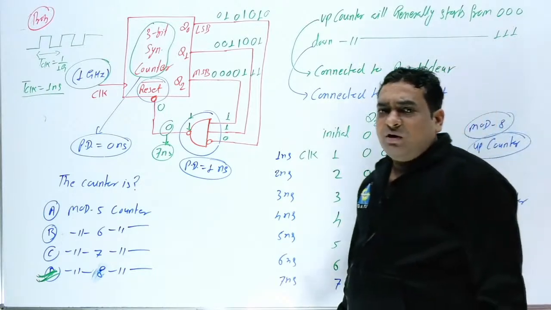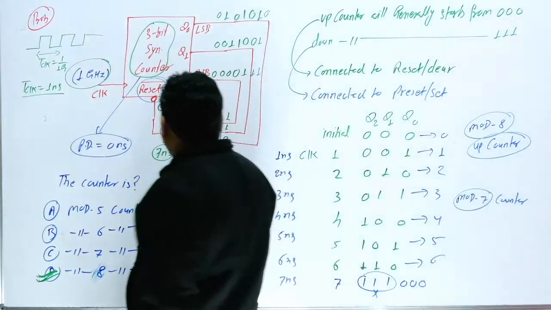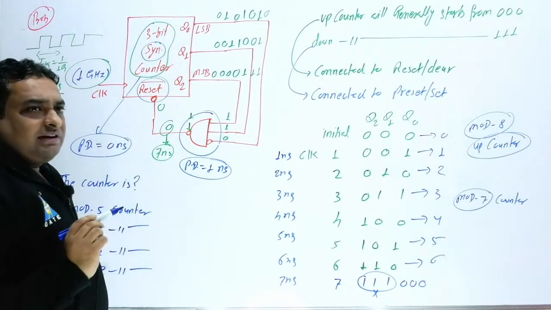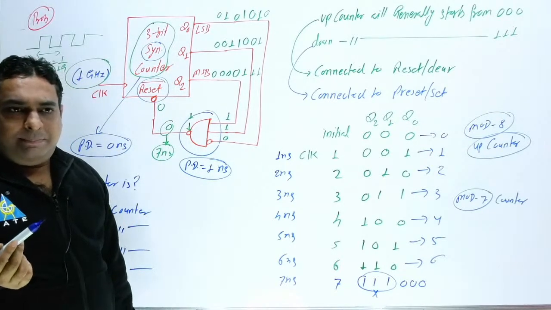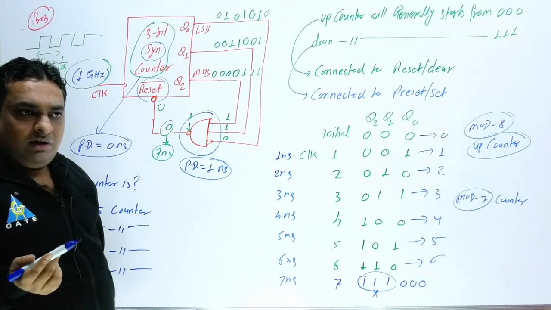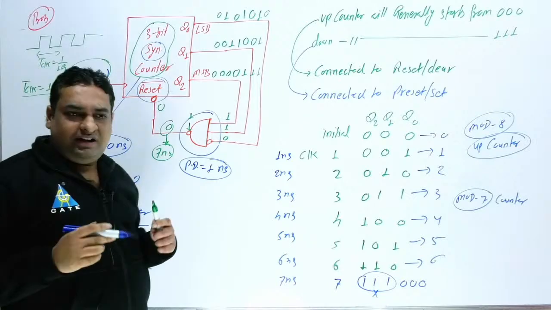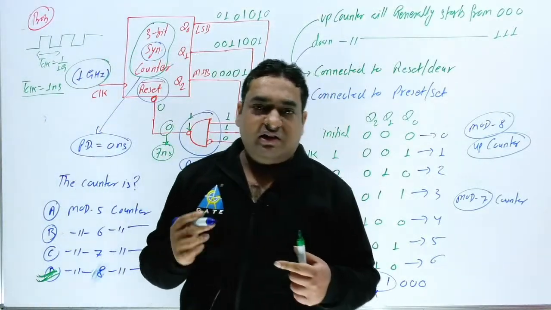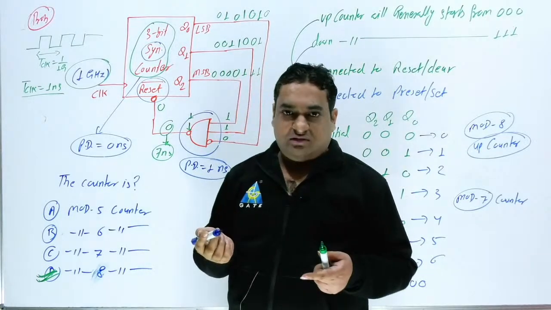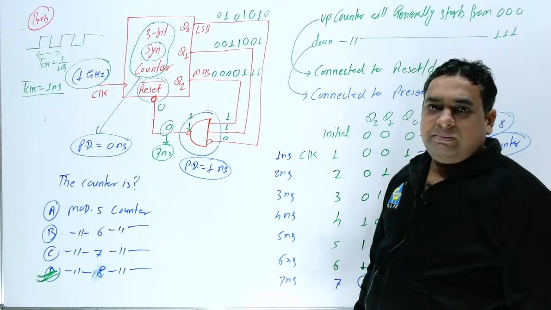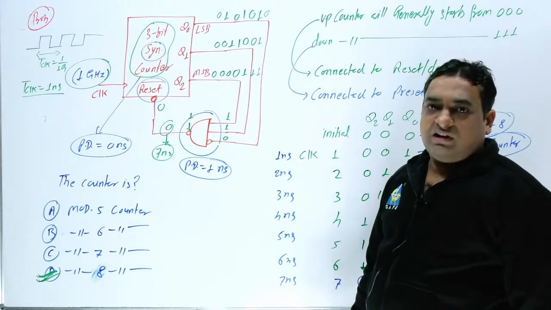One more important thing: this is a synchronous counter, and in a synchronous counter we generally will not use this reset or clear. In a synchronous counter, generally we use synchronous clear. This is a special category of one kind of synchronous clear.